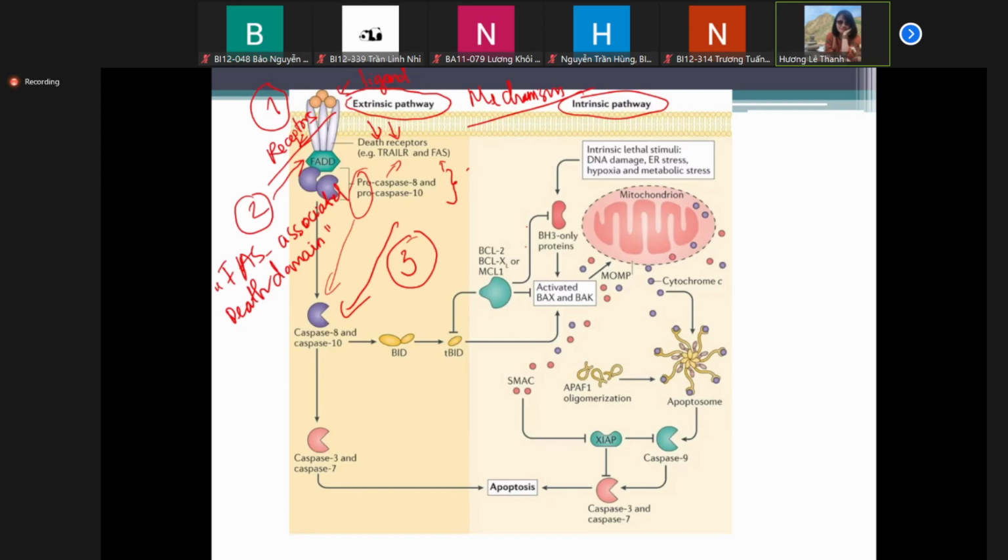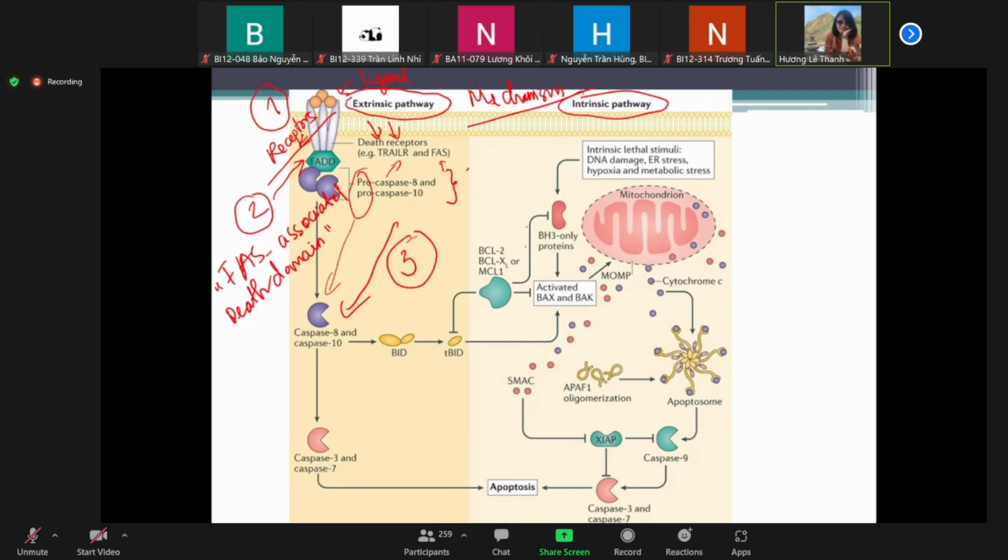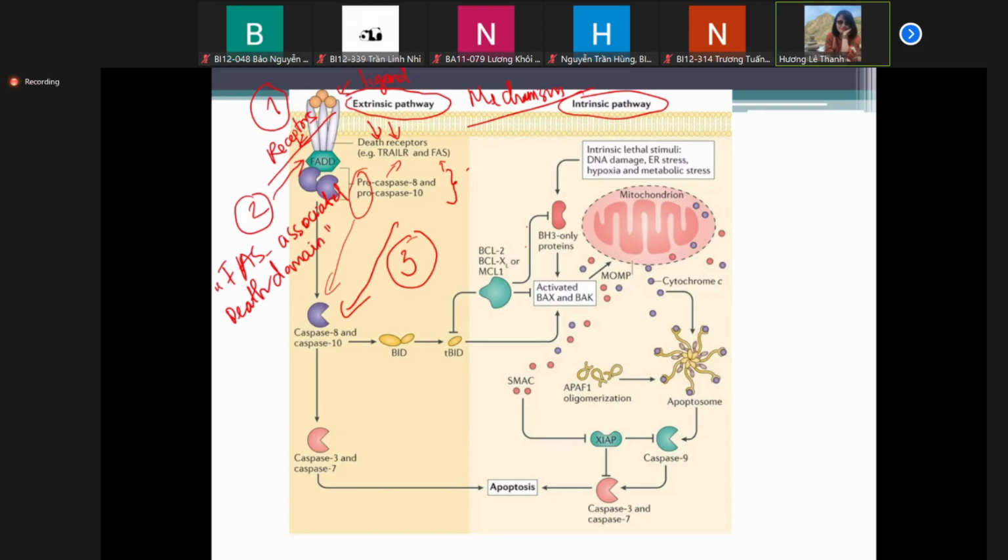In step number 4, we have another inactive molecule called BID. BID is transformed into tBID because caspase 8 and caspase 9 cleave, or cut, this part of the BID protein.